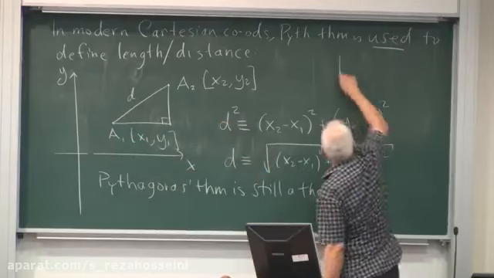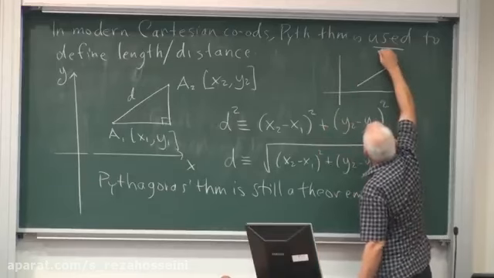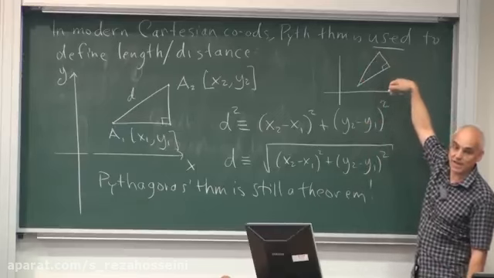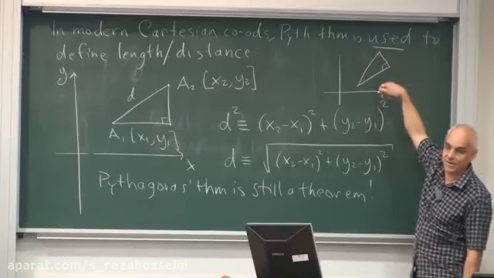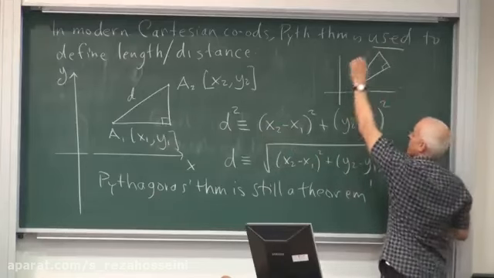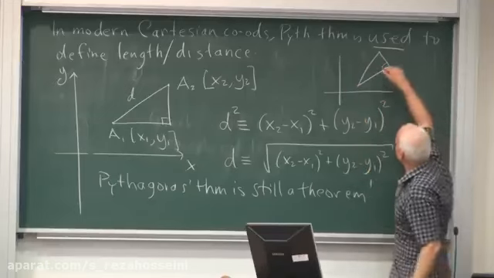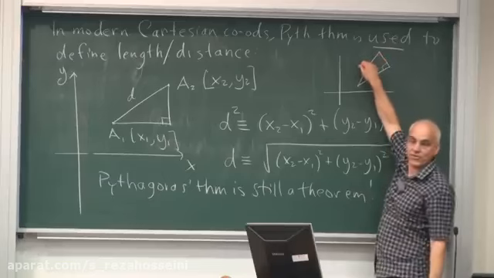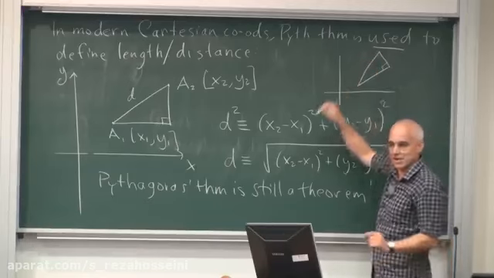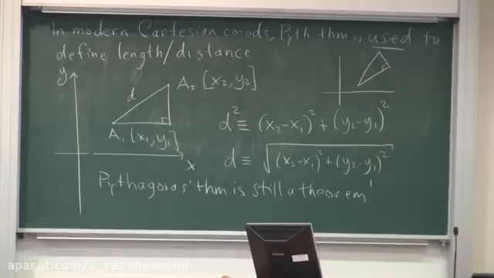But if you have a right triangle whose sides are not parallel to the coordinate axes, then yes, you can define this distance using this formula. But you still need to prove that this distance squared plus this distance squared equals this distance squared. So it still requires a proof even in Cartesian coordinates.